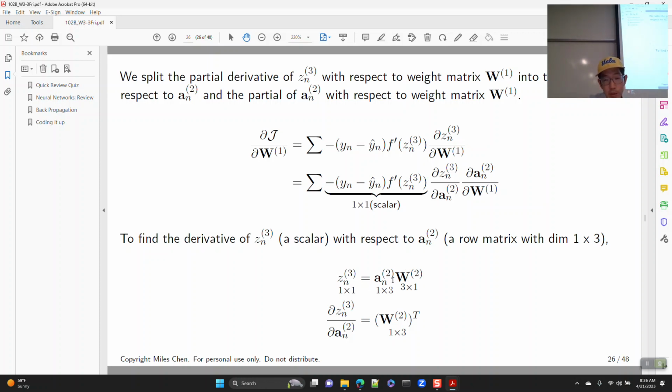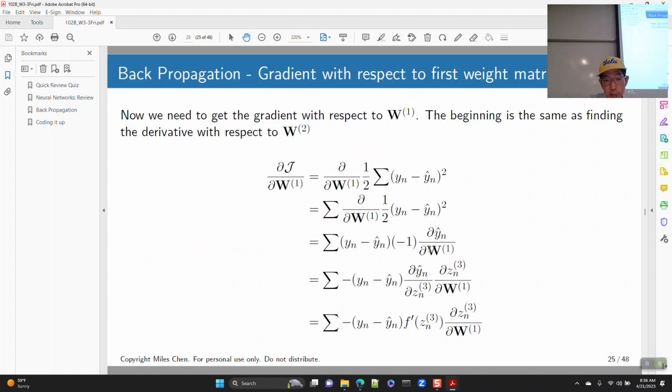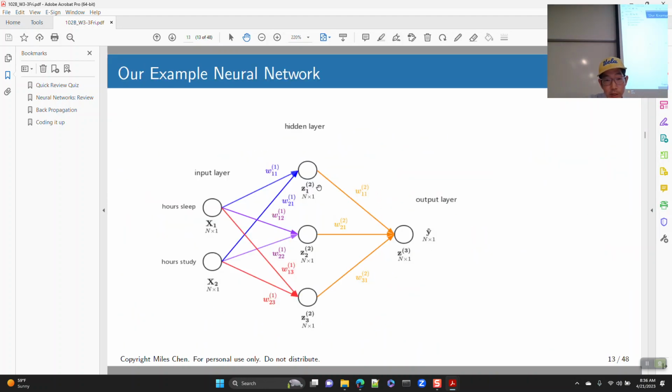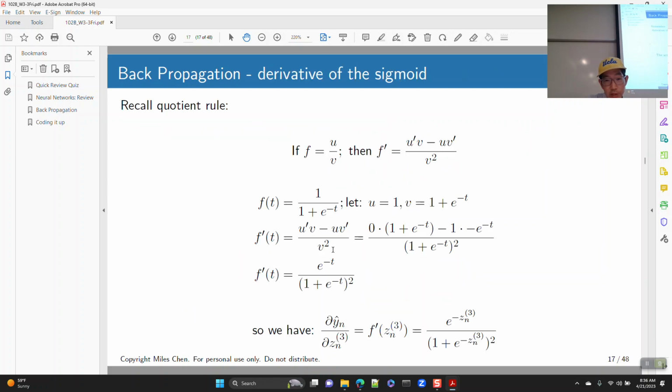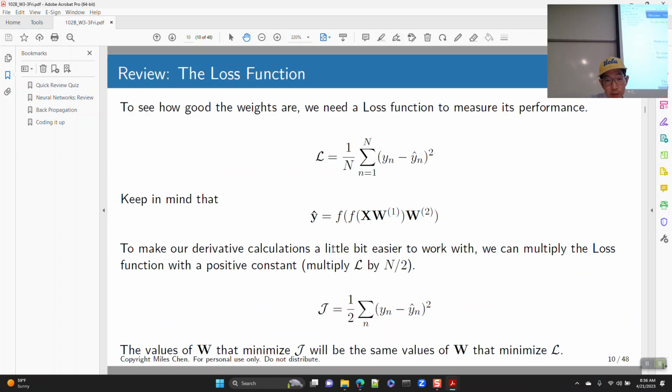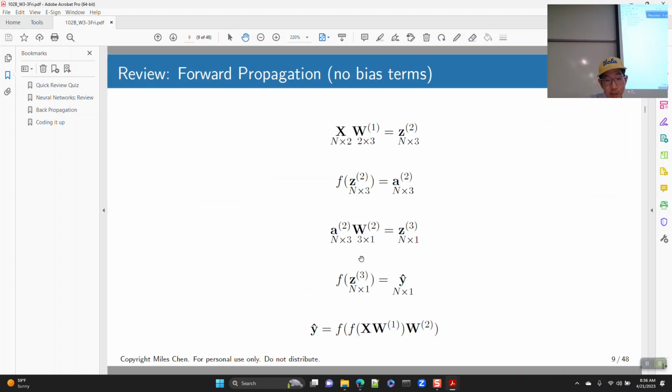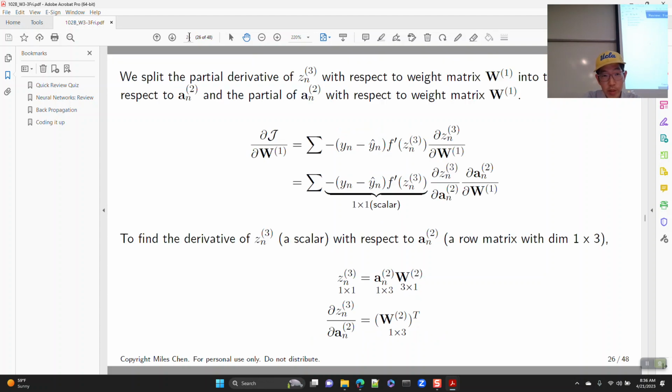What slide is this? This is 26. If we look back to our diagram, to get these values we took our activated values and multiplied them by our second weight matrix. Where did these come from? These came from the A2 multiplied by the second weight matrix. So that's where we are now.